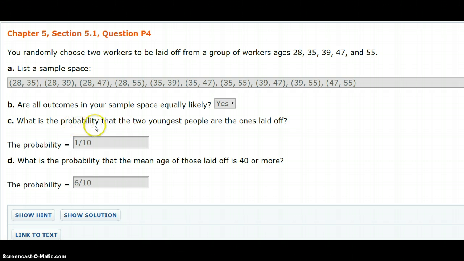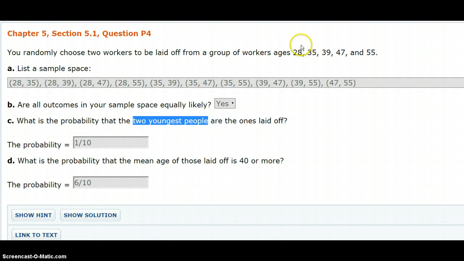So what is the probability that the 2 youngest are the ones laid off? Well, to get the probability here, we want to set up a fraction. The numerator, the top number, should be the number of outcomes in our sample space that satisfy this condition. In other words, we have to have the 2 youngest people.